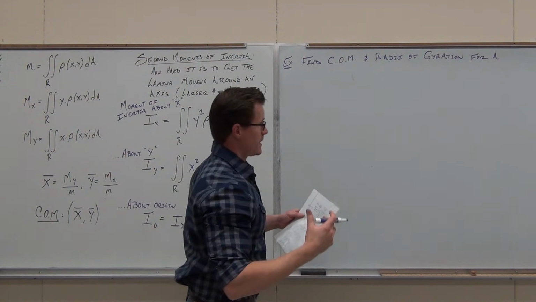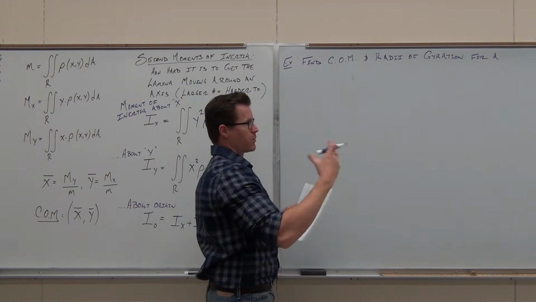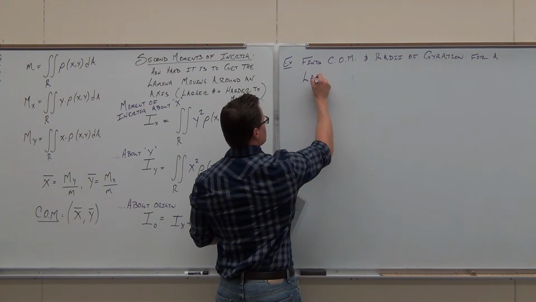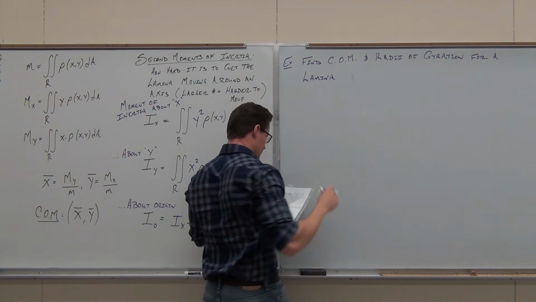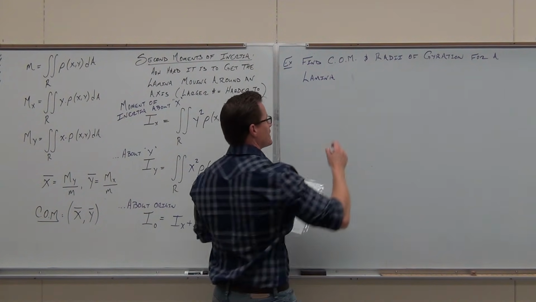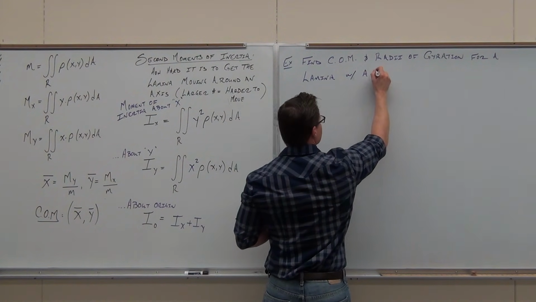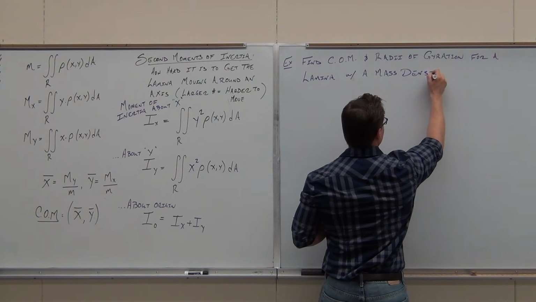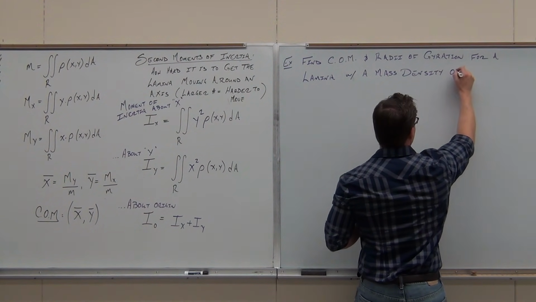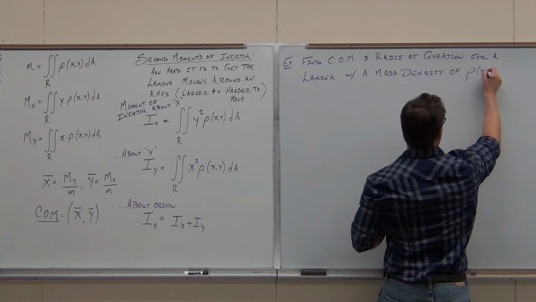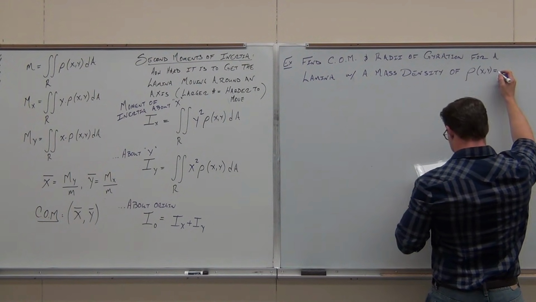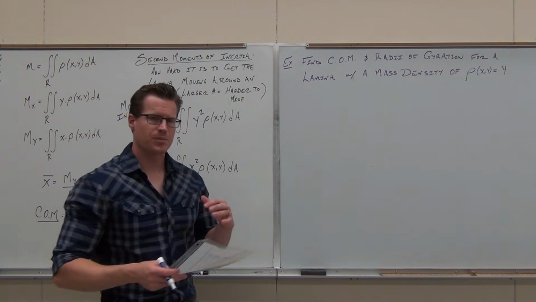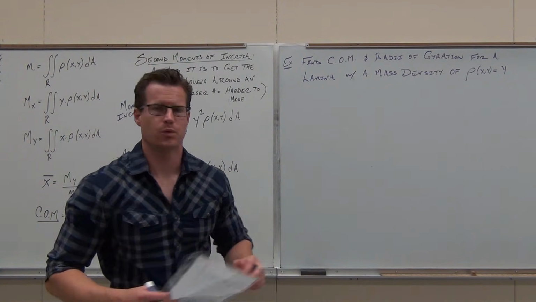Let's find the center of mass and the radii of gyration, plural, we want to find both, for a lamina with a mass density of that, and occupying a region given by the following coordinates.